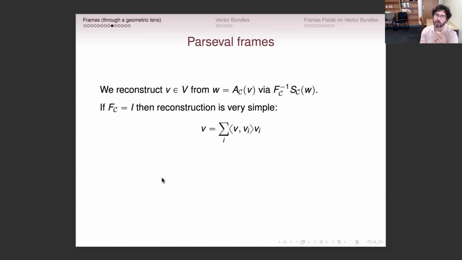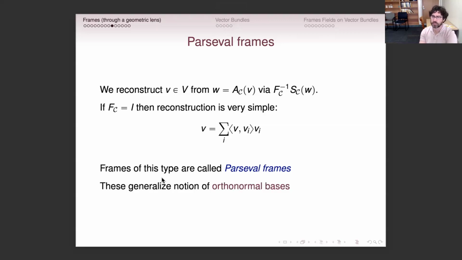If I have a vector and I want to reconstruct it, I just take its inner product against all the vectors in my frame. I get a list of numbers, and then I take that linear combination of my frame vectors, and that gives me back the vector I started with. Frames of this type are called parsable frames, I guess because of Parseval's identity. In particular, you can think about this as a generalization of the notion of an orthonormal basis. If you thought about how you would write a vector with respect to an orthonormal basis, it's exactly a formula like the one you see up here.